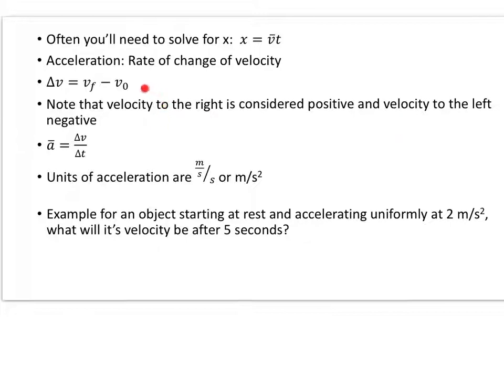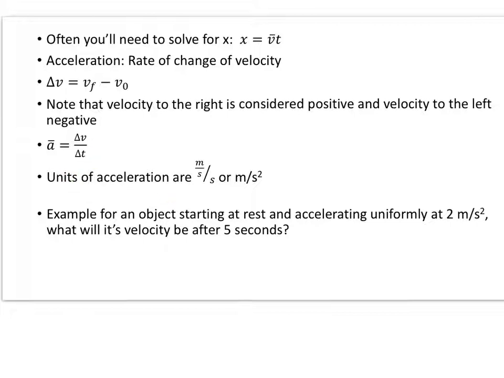And that needs to be included when you're computing this delta V. Is the final velocity positive or negative? Is the initial velocity positive or negative? Okay, then the average acceleration, therefore, is equal to the change in velocity divided by time.